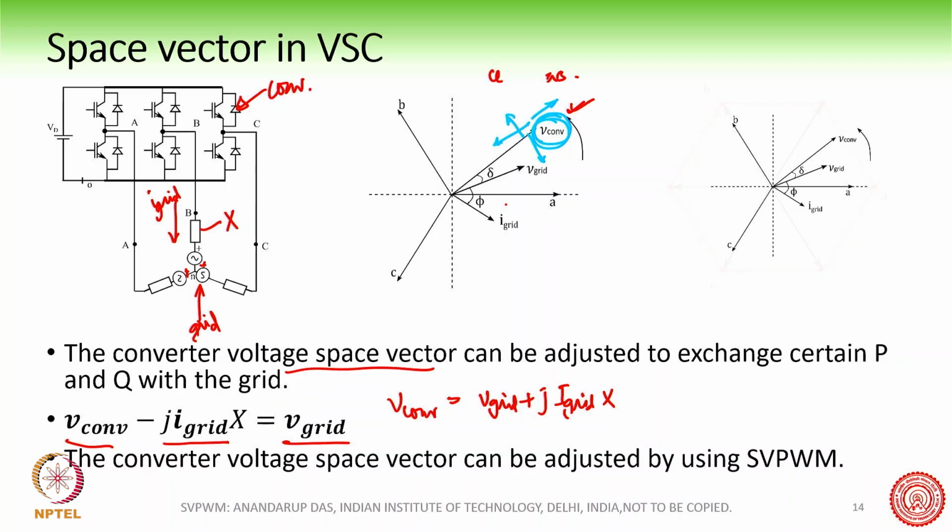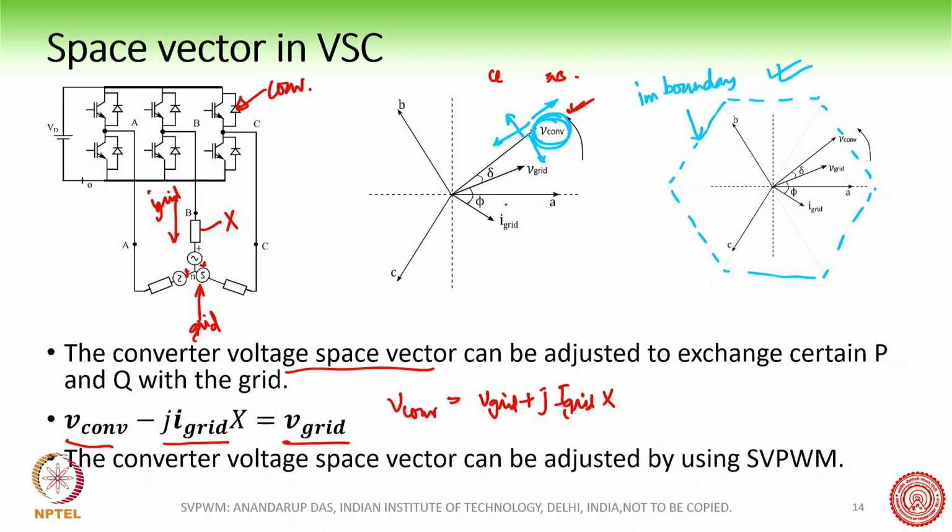Now how do we manipulate it? You can see on this diagram the imaginary boundary of the space vector, shown in light color. Okay, you can see the boundary of the space vector right here.